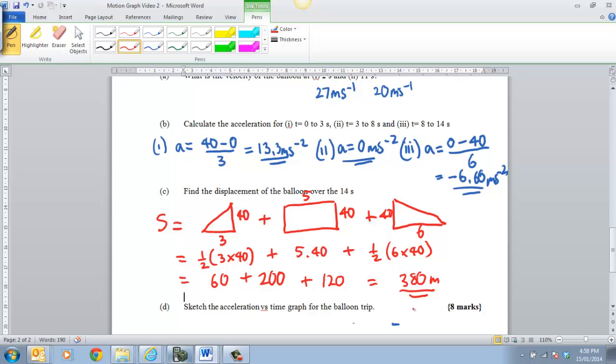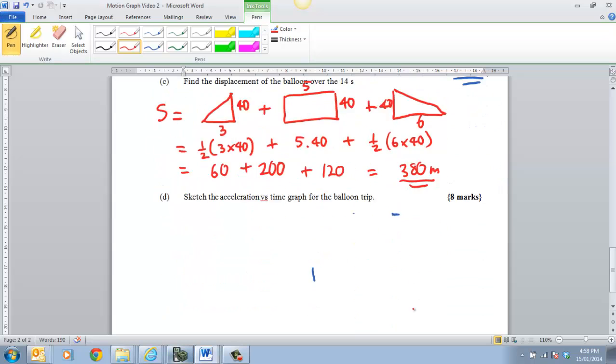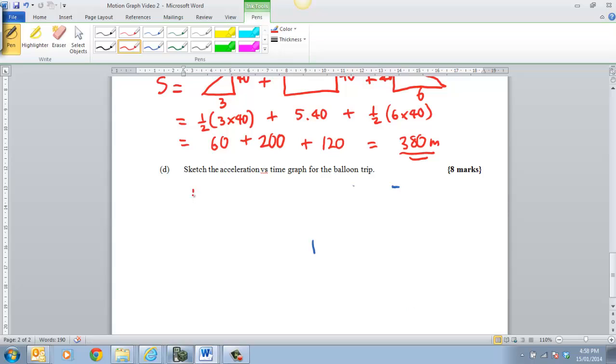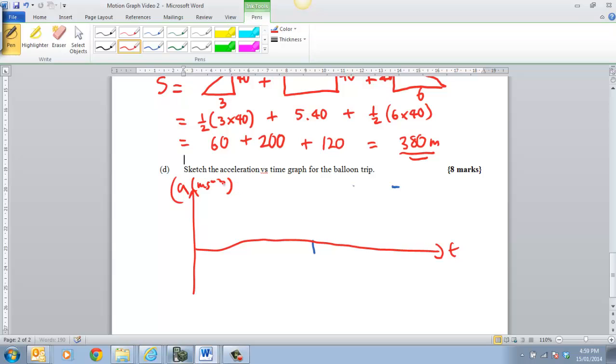Now, if we want to sketch an acceleration versus time graph, what you'll find is these sort of graphs are going to be step graphs. So if I just draw my axes here, a little bit dodgy, time, acceleration, right? So acceleration is measured in metres per second squared, it's a little 2, and time is measured in seconds.